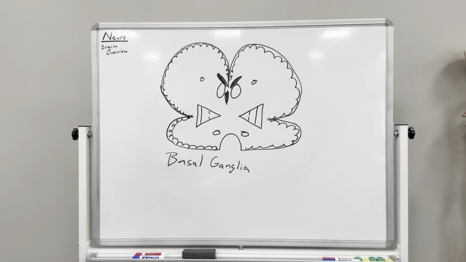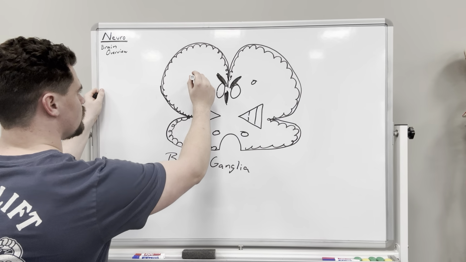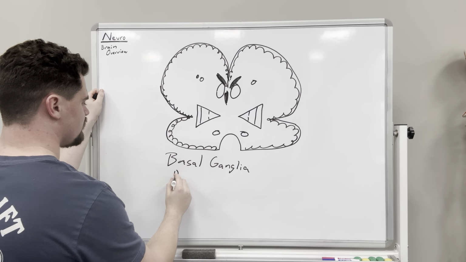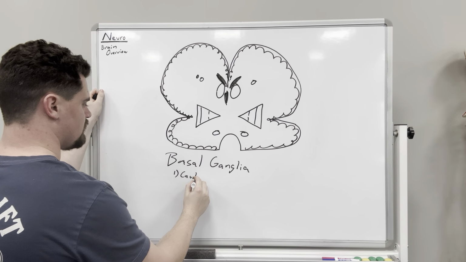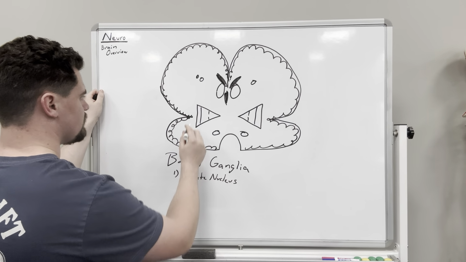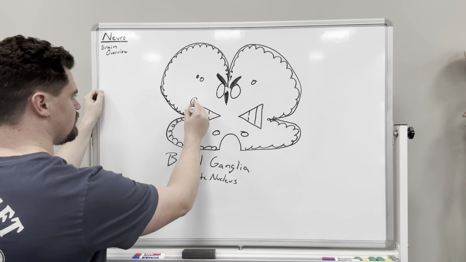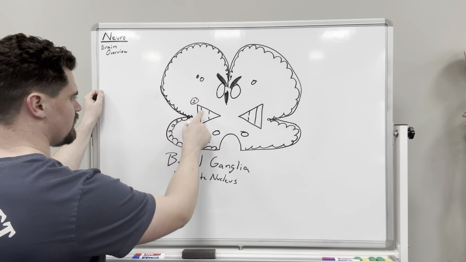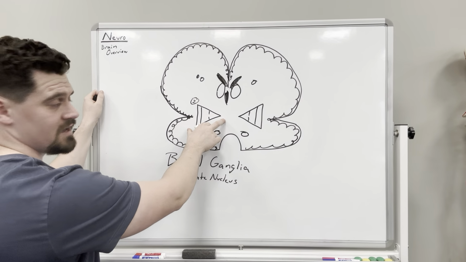So the different names here, we have the caudate nucleus. So we'll label this guy number 1, the caudate nucleus. And then we have this part. I like to call this the pizza.